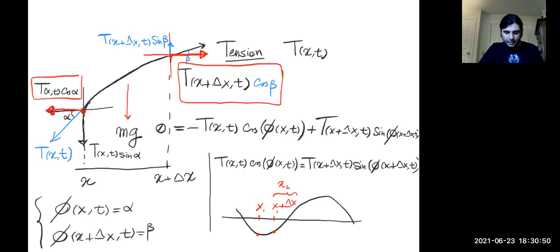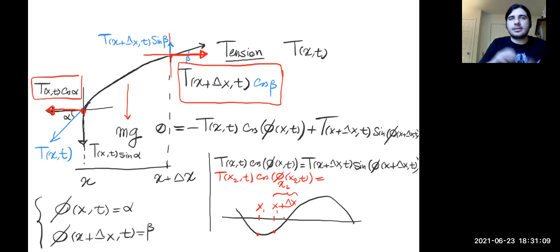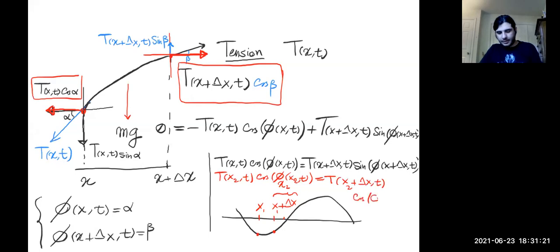Therefore, T at this point x2 times cosine of phi at this point x2 should be equal to the same thing for another delta x, assuming delta x is not very large. There's a reason for this assumption, but anyway, assuming delta x is not very large, you can go one step further, and it would be equal to T of x2 plus delta x and t cosine of phi of x2 plus delta x and t.